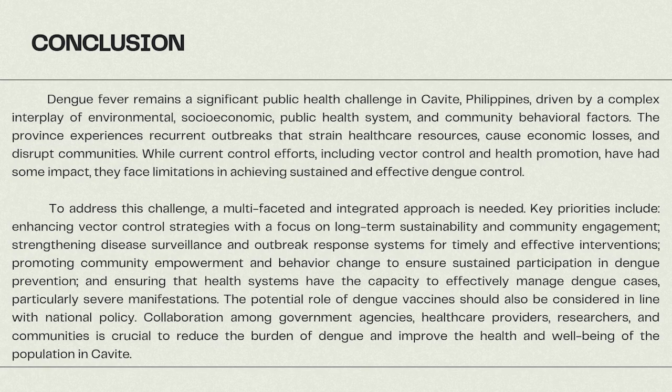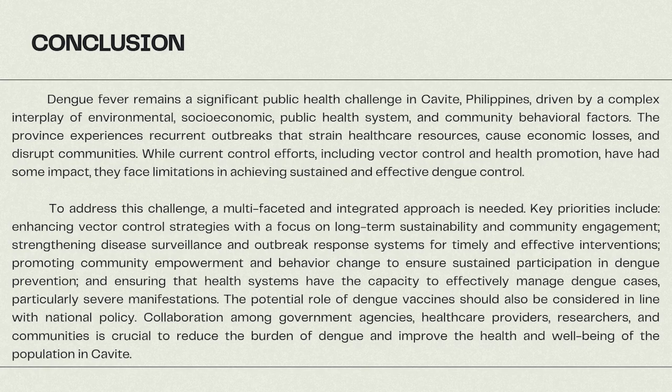Key priorities include enhancing vector control strategies with a focus on long-term sustainability and community engagement, and strengthening disease surveillance and outbreak response systems for timely and effective interventions. Promoting community empowerment and behavior change to ensure sustained participation in dengue prevention, and ensuring that health systems have the capacity to effectively manage dengue cases, particularly severe manifestations.